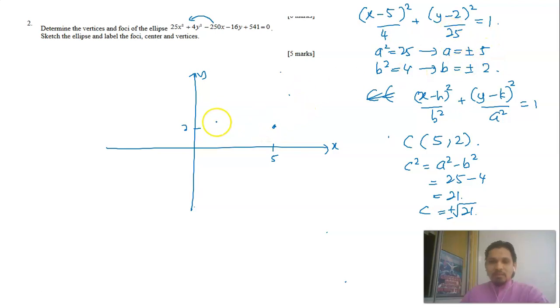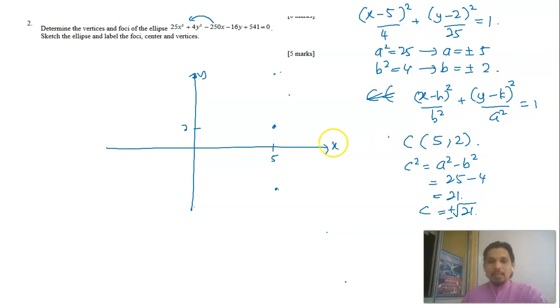So just imagine that from y equal to 2 here, move 5 units above, then you will get 7. And then from 2, move 5 units below: 2, 1, 0, negative 1, negative 2, negative 3 here.